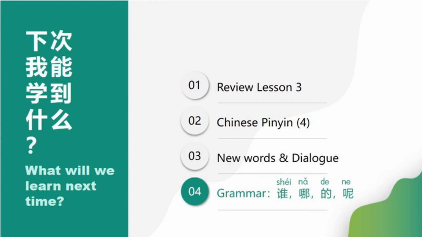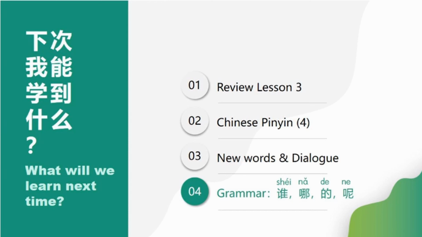什么 means what. 谁 means who. Next week we will learn 谁. Do you have any questions? 对，什么 is what, 谁 is who. Can we use 我是法美?